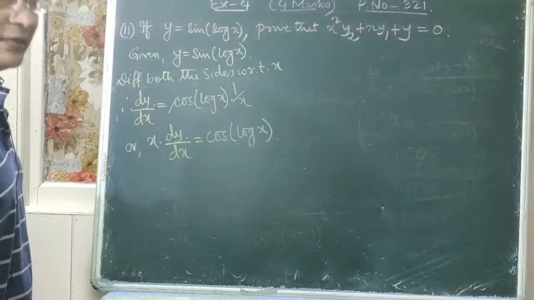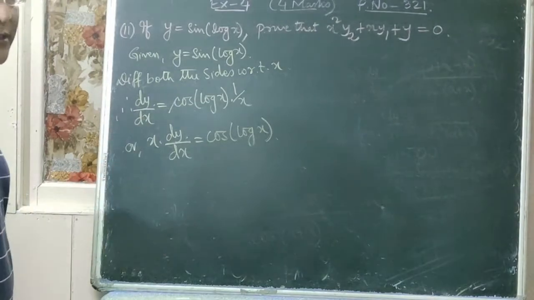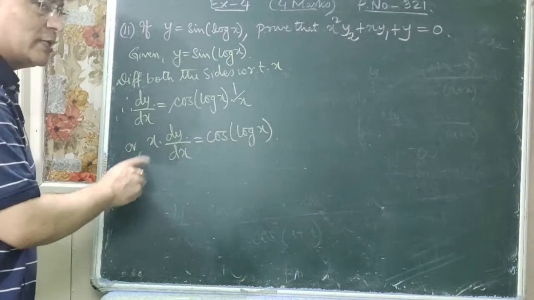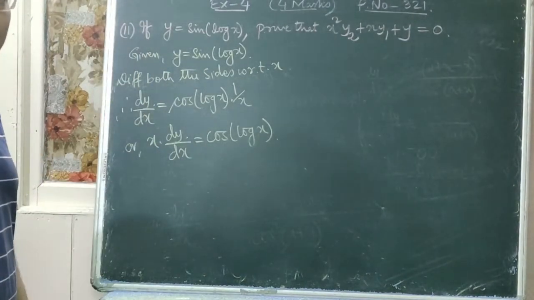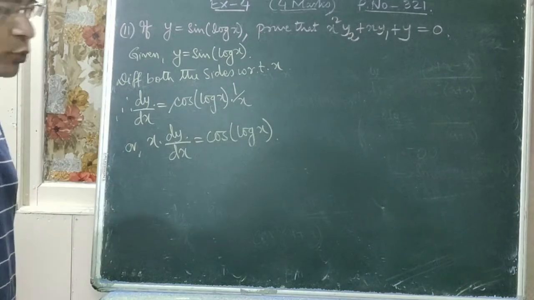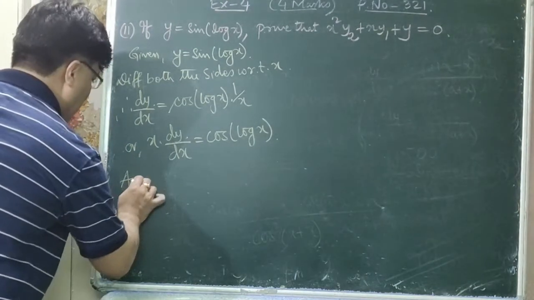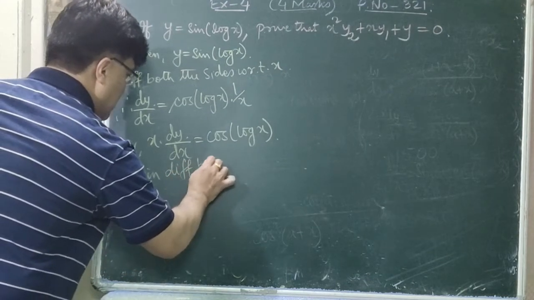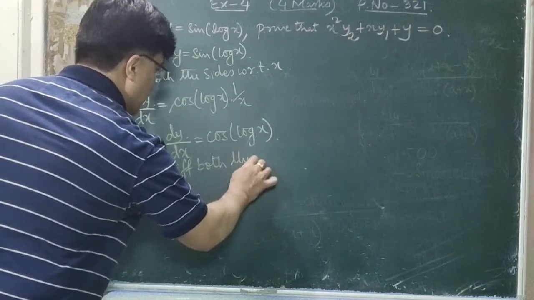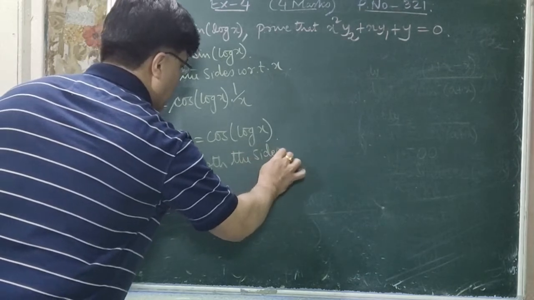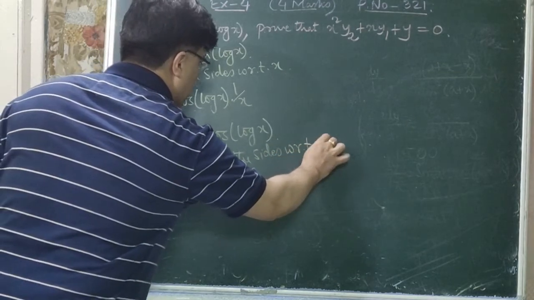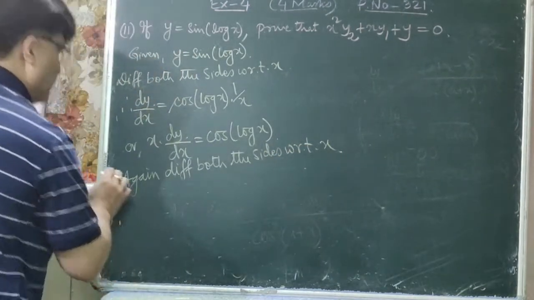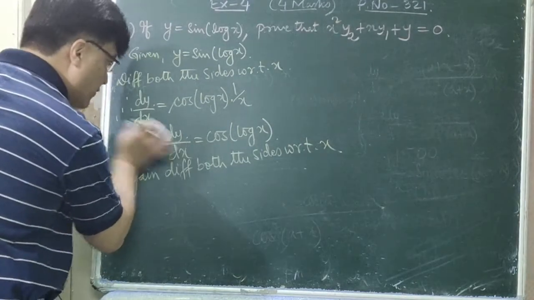Is that clear now? Now again you have to differentiate both the sides with respect to x, because you have to find out the second order derivative which is y2. So now again differentiating both the sides with respect to x, you have to use the UV rule here.